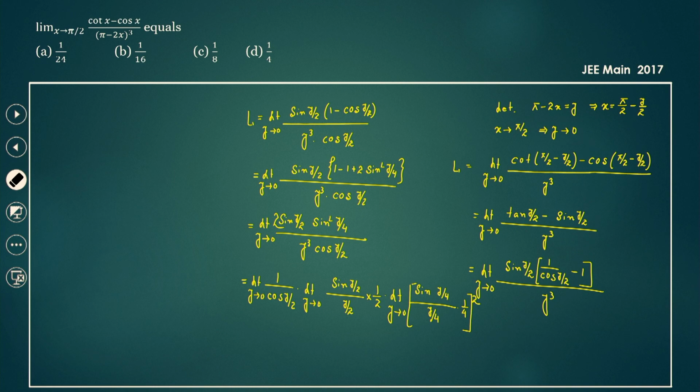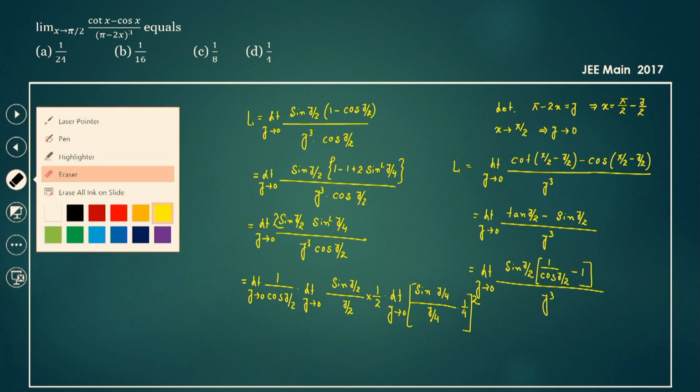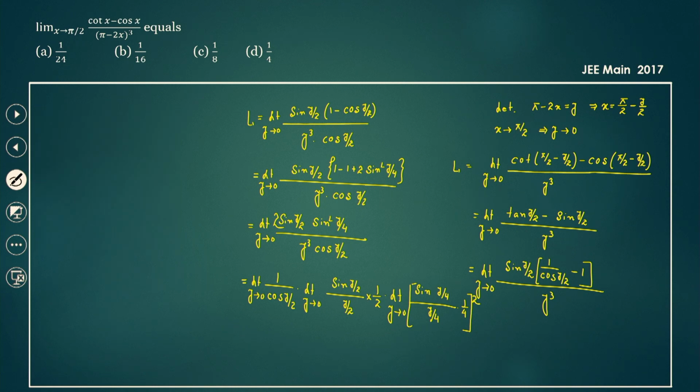Now each and everything can be calculated separately. For the first limit, y tends to 0, cos y by 2 gives 1 by 1, because cos 0 is equal to 1, multiplied by limit y tends to 0 of sine y by 2 divided by y by 2.